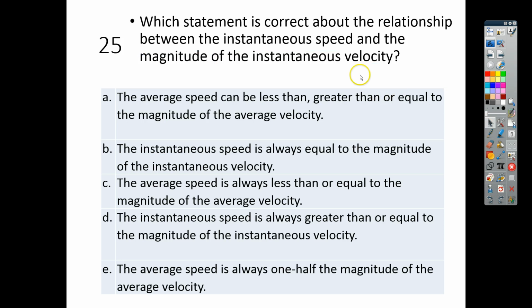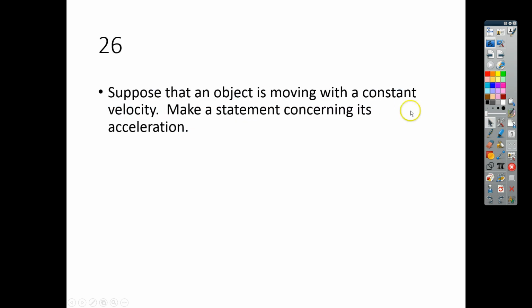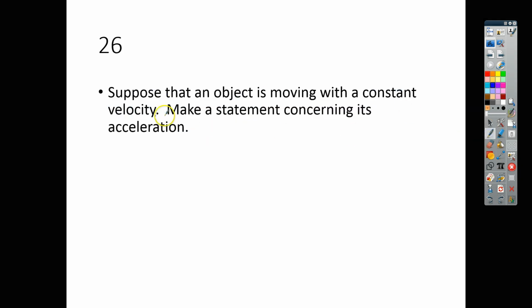For number 26, this one says, suppose an object is moving with a constant velocity, make a statement concerning its acceleration. And for this one, the acceleration has to be equal to 0. So if it's moving with a constant velocity, so here we've got velocity versus time, and we can make that velocity constant and positive, constant and negative, or we could just make it 0.